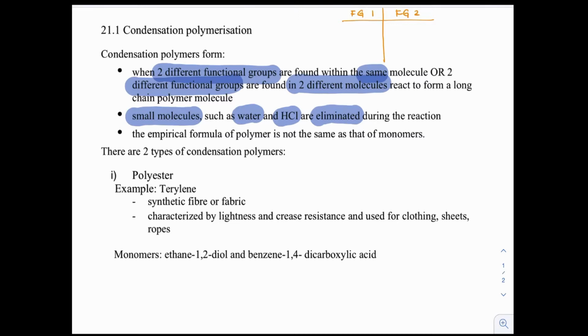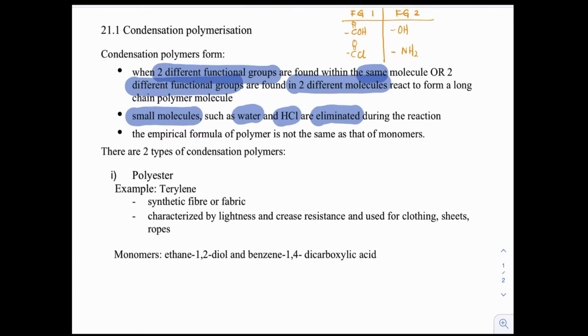The first functional group involved in condensation polymerizations could be a carboxylic acid, which has COOH, or it could be an acyl chloride. We can also have the second functional group being the alcohol, or the amine. So during condensation polymerization, you must have one functional group from this group and one functional group from this group.